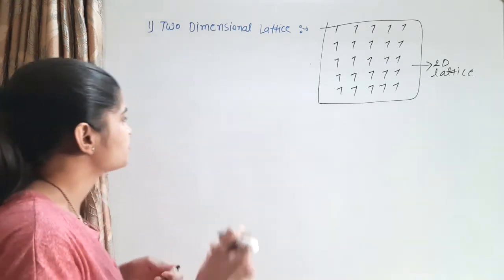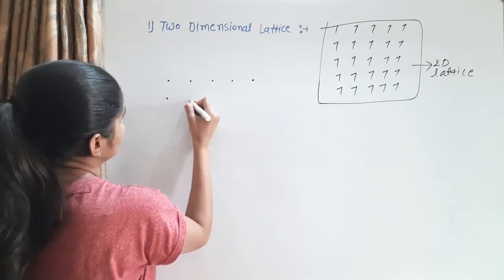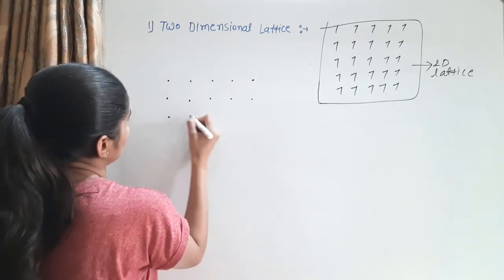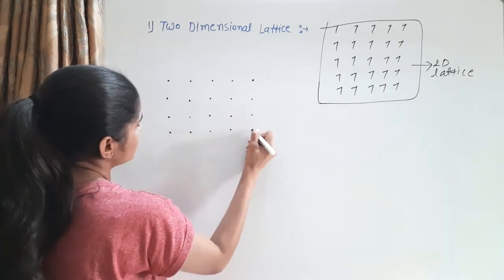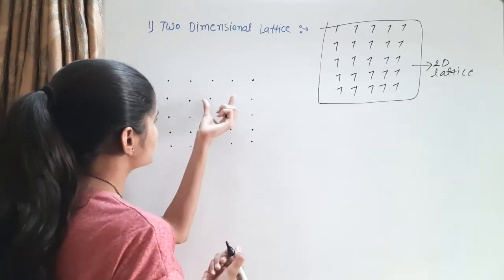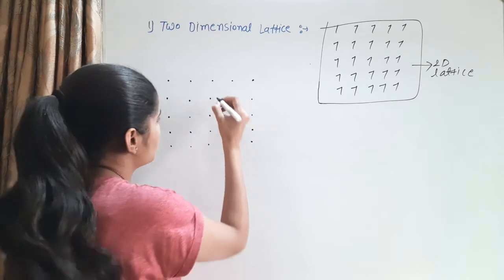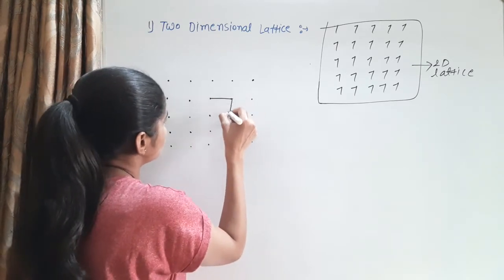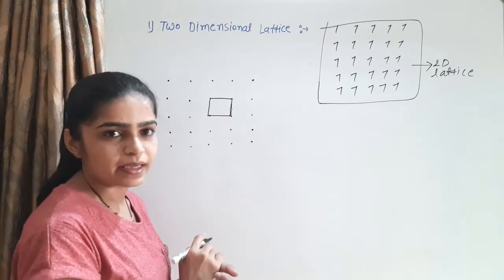For example, this is the lattice point. How do we arrange this space lattice to give a shape? For example, these 4 constituent particles are selected and joined by the edges. It gives the square lattice.